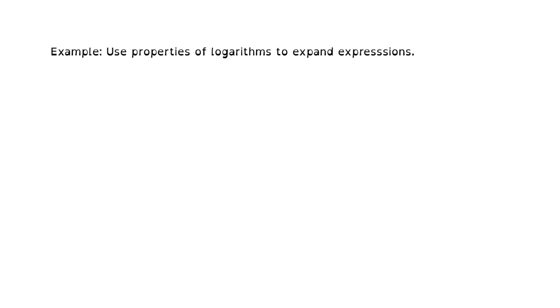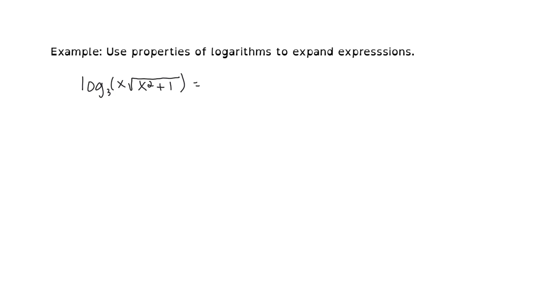To practice these properties, we are going to use them to expand logarithmic expressions. So for example, we could have log to the base 3 of x times the square root of x squared plus 1. And we can expand this expression into multiple logarithmic expressions using the properties on the previous page.